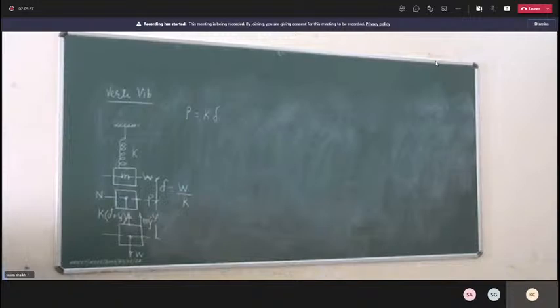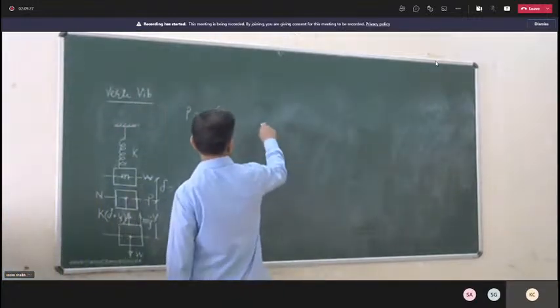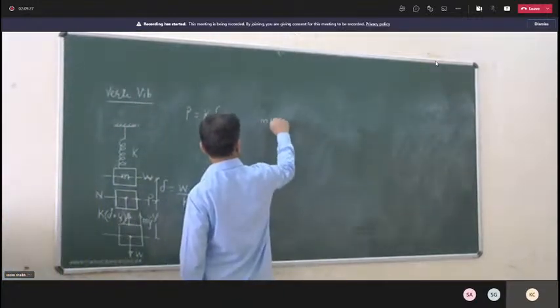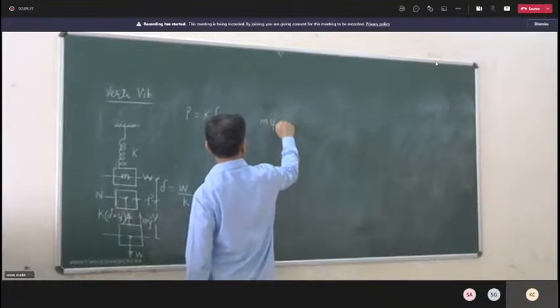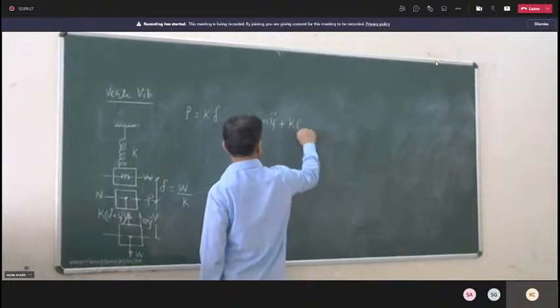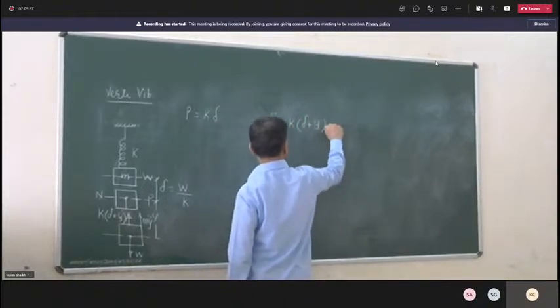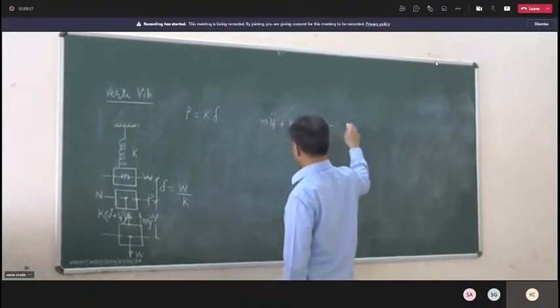Now applying D'Alembert's principle to the free body diagram, we get m y double dot plus K into delta plus y minus W is equal to 0.